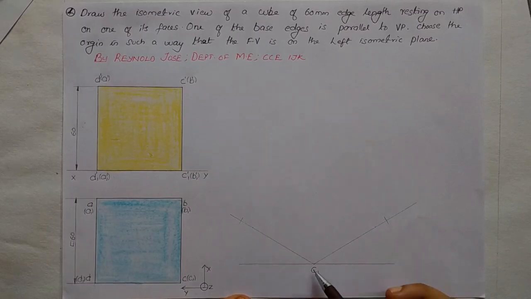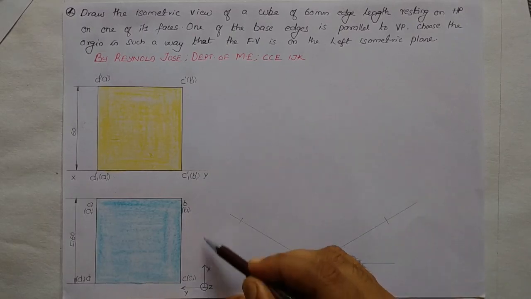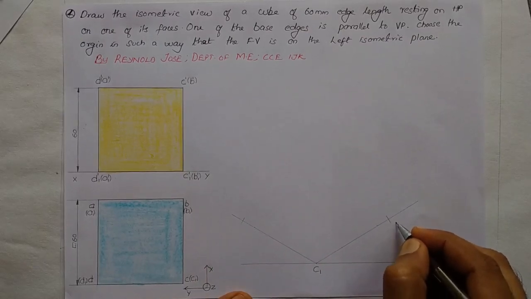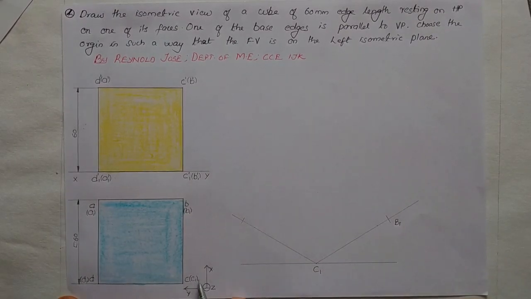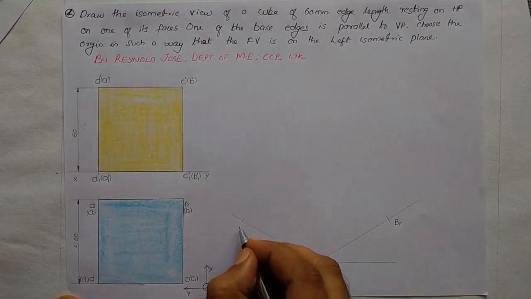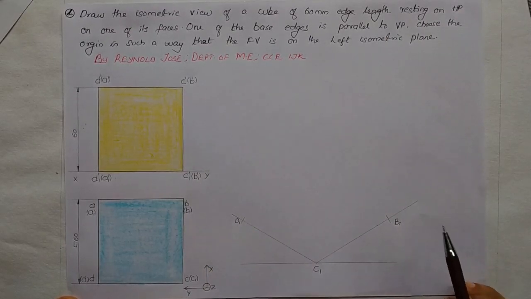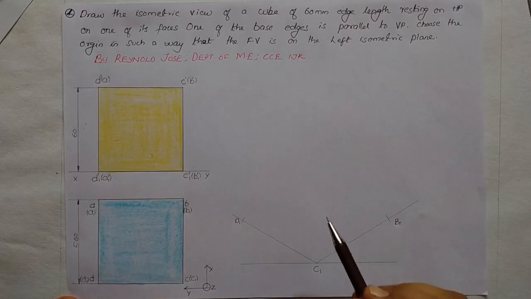So onto the right hand side of C1 along the base we are having point B1, and onto the left hand side of C1 along the base it is D1. Now along the base we have to get one more point, and that point is A1.